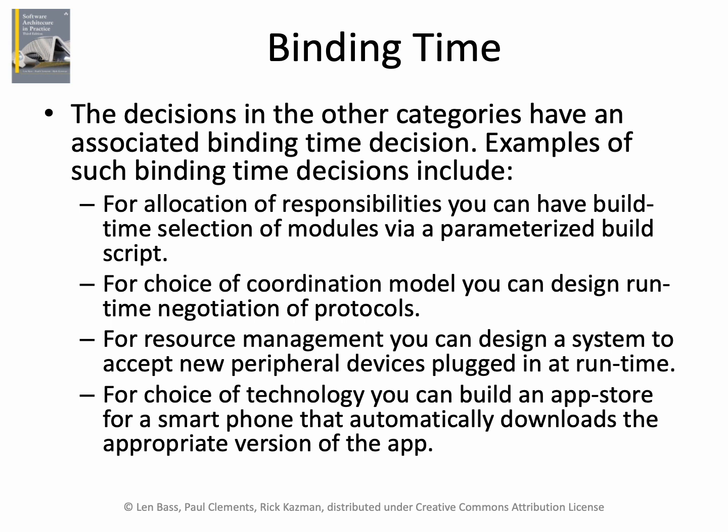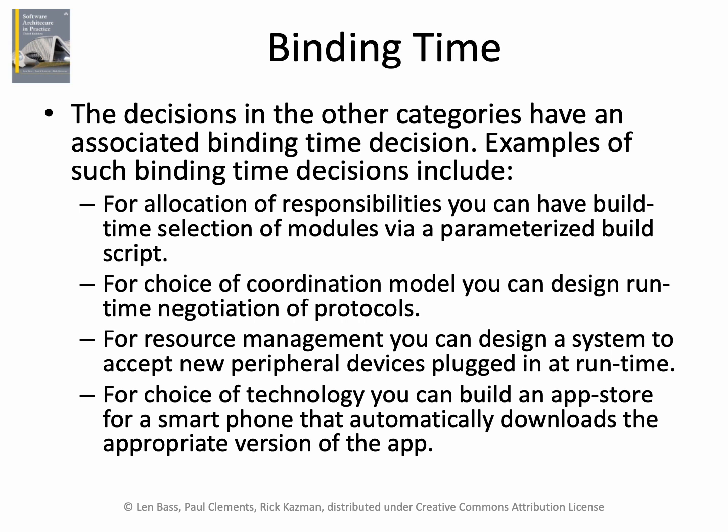The binding time. The decisions in other categories have associated binding time decisions. Examples of such binding time decisions include, for allocation of responsibilities, build-time selection of modules versus a parameterized build script.